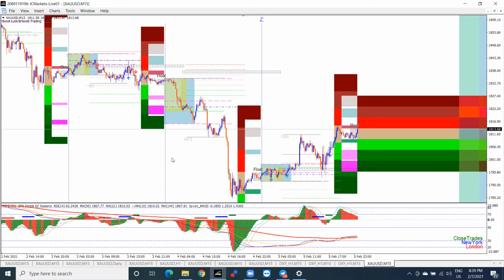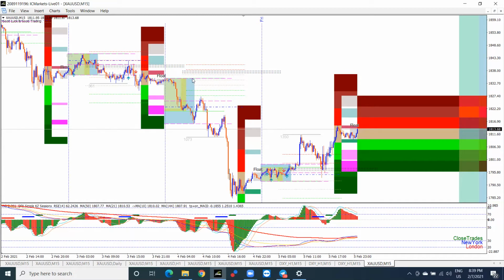With this strategy, you can take at least 150 pips in gold every time you meet the rules. The first rule is that we need a standard deviation which closes inside the previous standard deviation. You see, the top of the standard deviation is inside the previous standard deviation, and the bottom is inside the previous standard deviation.